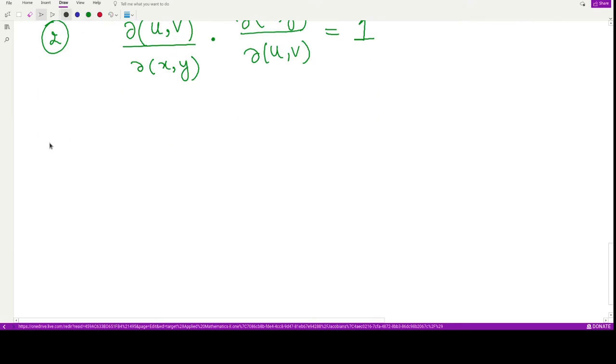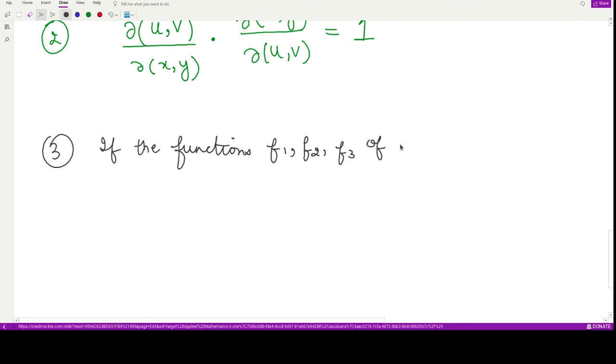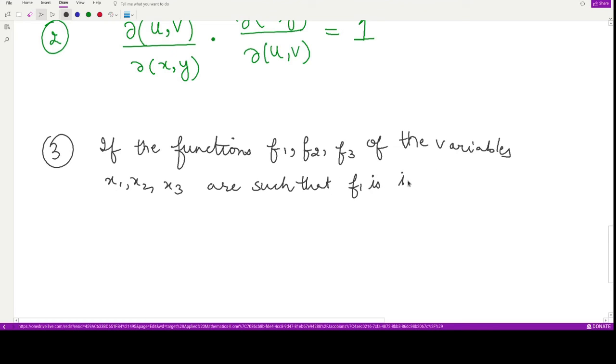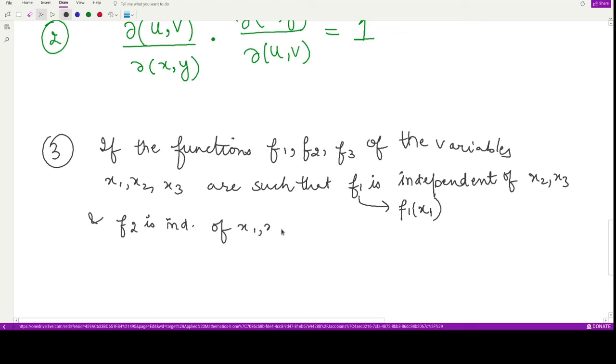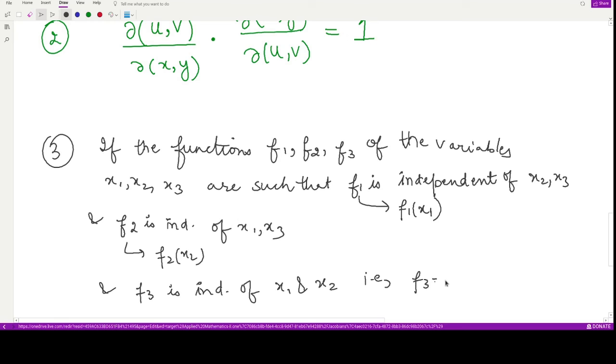The third property is that if the functions f1, f2, f3 of the variables x1, x2, x3 are such that f1 is independent of x2, x3, so f1 is a function of only x1, and f2 is independent of x1, x3, so f2 is a function of only x2, and f3 is independent of x1 and x2, so f3 is a function of x3 only.